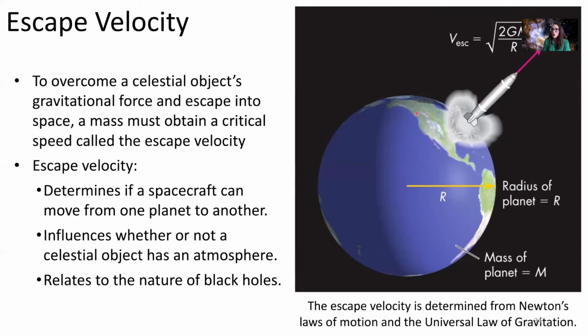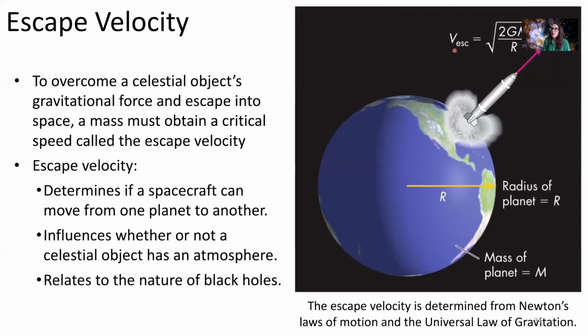Okay, so the equation for the escape velocity is determined from Newton's laws of motion and our universal law of gravitation. I'm not going to derive it here for you. My picture is probably covering up the equation for escape velocity.